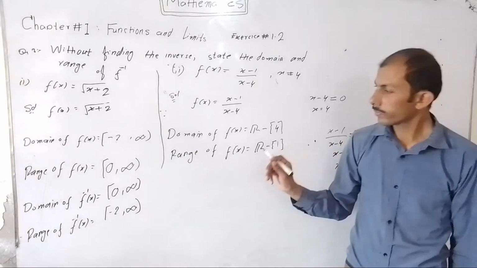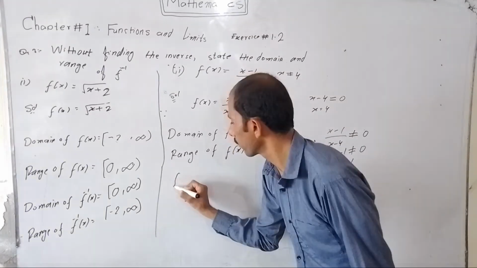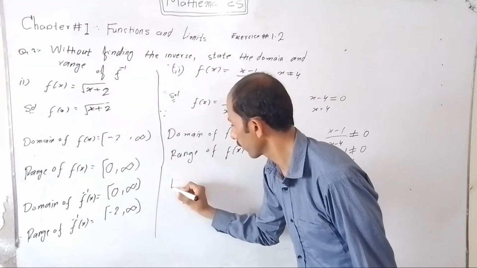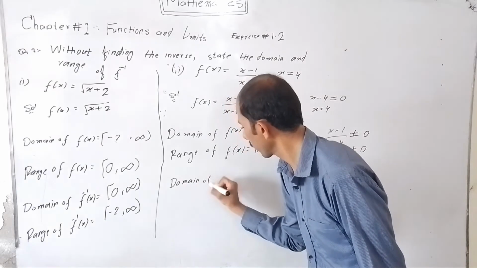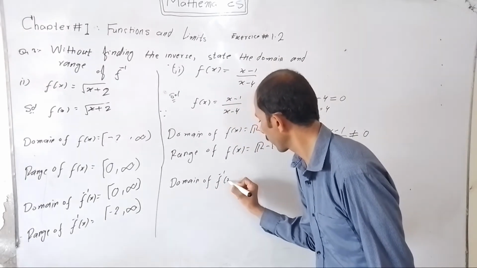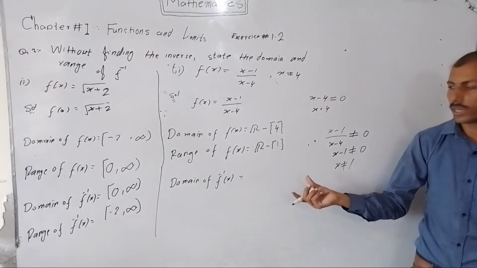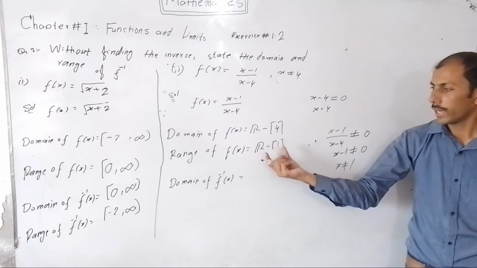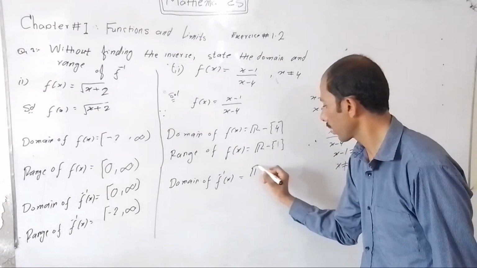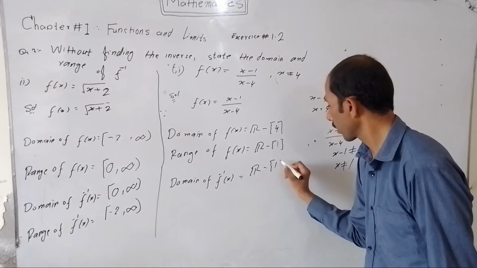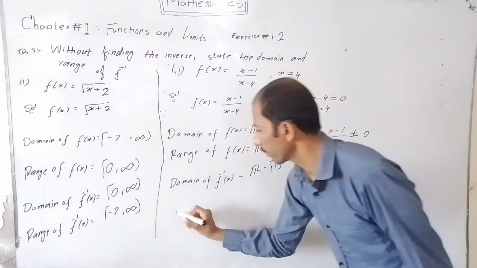Next, domain of f inverse of x is equal to range of f of x. It means the value of the range of f of x is equal to all real numbers other than 1.